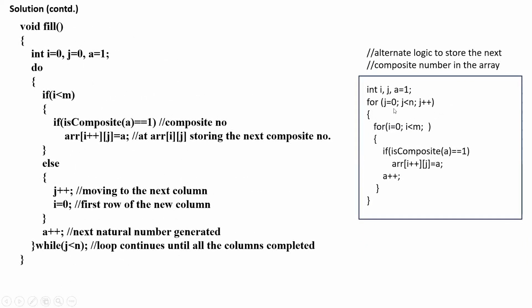First I have done the column loop for j equal to 0 to n, then the i loop 0 to m, but you see here I have not incremented i. If the number is a composite number, I am storing it in the array and then incrementing i plus plus. Inside the row loop only I am incrementing a and the loop continues. So both this logic or any other logic can be used to fill the array.